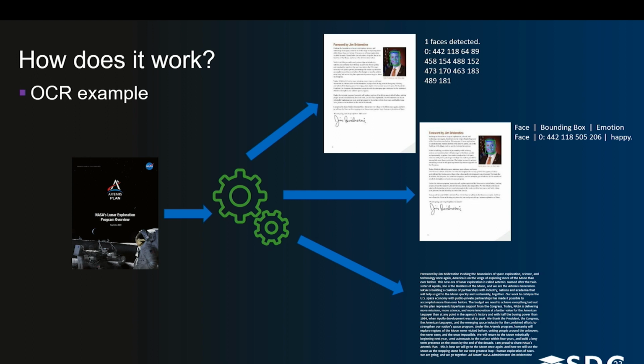But here, it's pretty good. It's given us the bounding box, and it's discovered that he's smiling, so it's assuming he's happy as a recognized emotional facial expression, so that if you're looking in the store for happy people, you're definitely going to find Jim Bridenstine's headshot from this document.